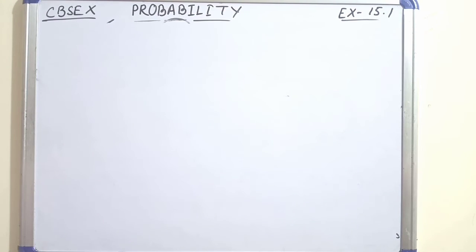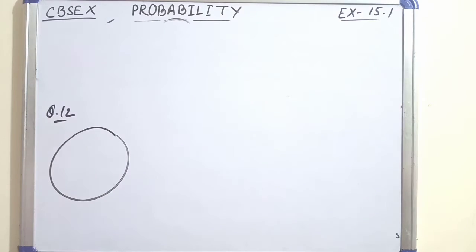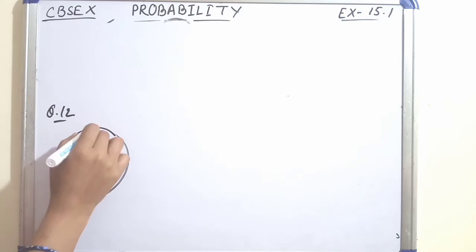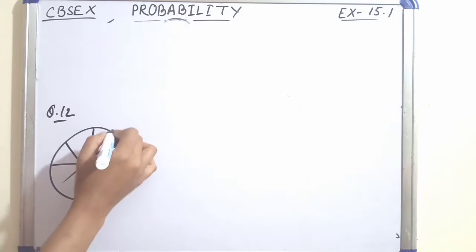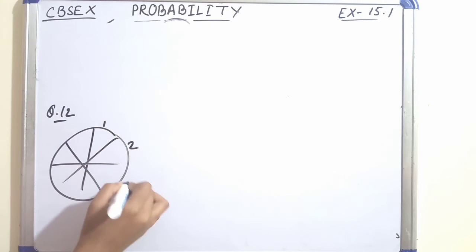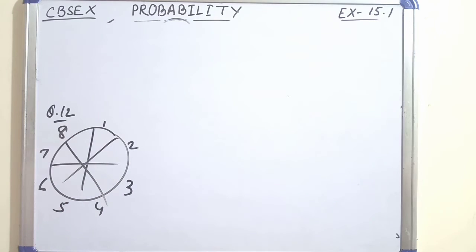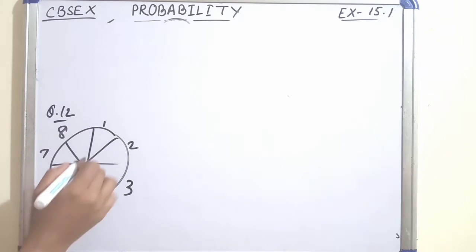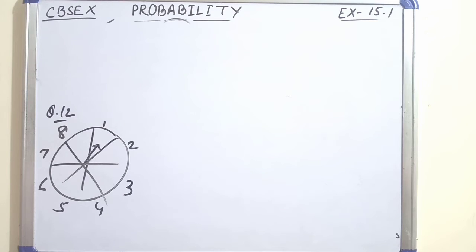So here, given that these are 1, 2, 3, 4, 5, 6, 7 and 8, and the arrow rests pointing at any point. At first, what's the probability of getting the number 8?